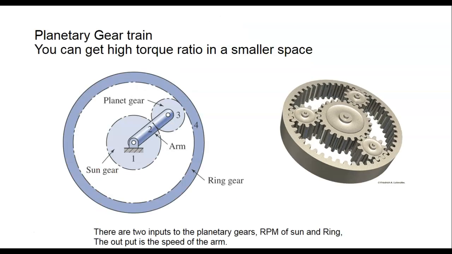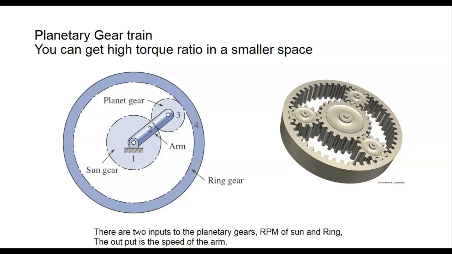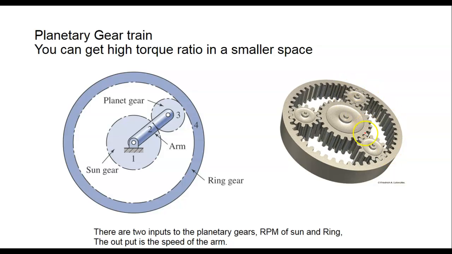This is a planetary gear train. It can be used for high torque ratios in a small space. What's really neat about this is we can actually use it as different gears, changing between the drive and the driven.